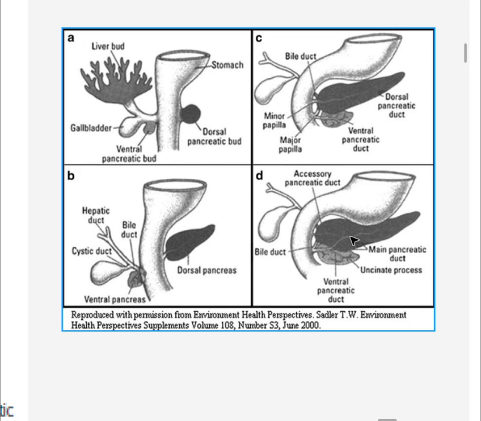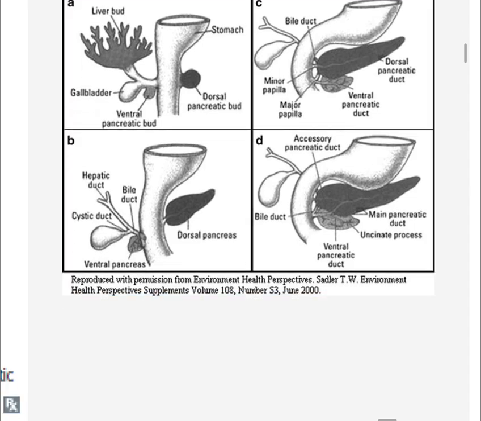So the main pancreatic duct, the duct of Wirsung, comes from both of the buds, the ventral bud and the dorsal bud. But the accessory duct, the Santorini duct, only comes from the dorsal bud. Okay. Now, remember that the accessory duct opens at the minor papilla. This is important.